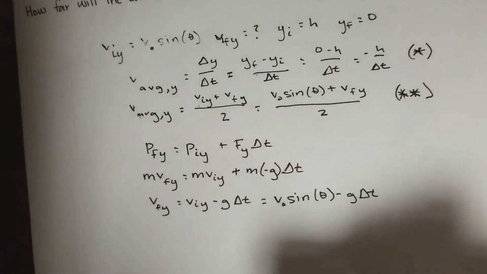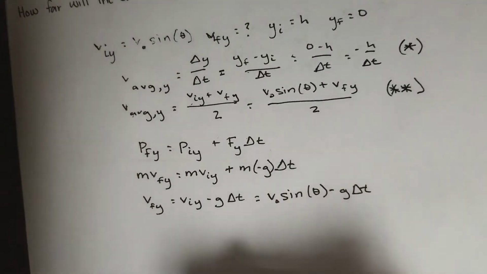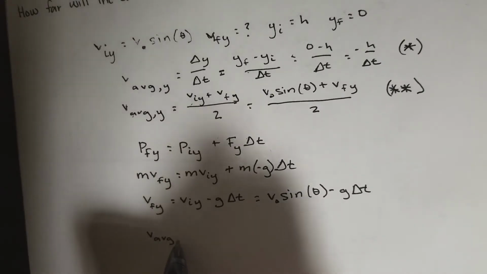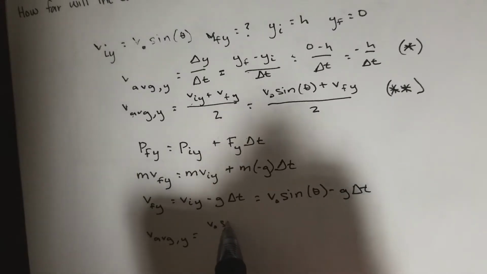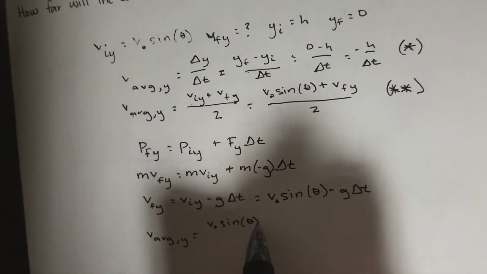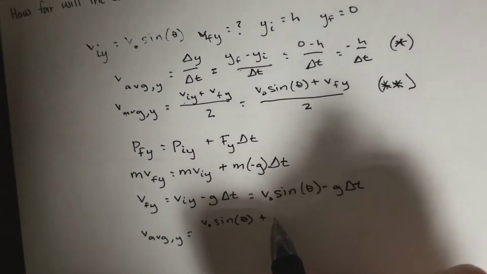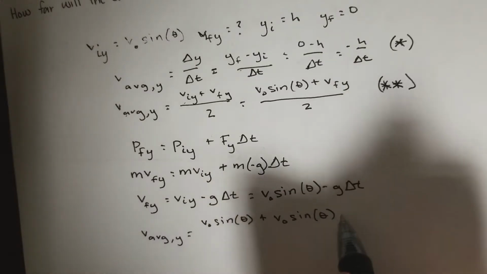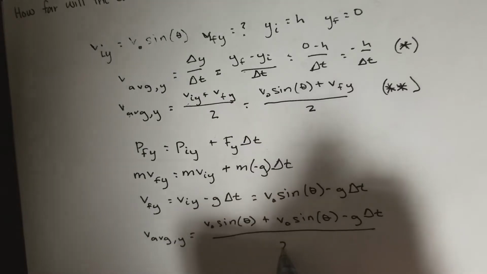Then we have to plug in to 2 star, and we get v average in the y is equal to v naught sine of theta plus the final velocity in the y, which we just solved for, v naught sine theta minus g delta t, over 2.